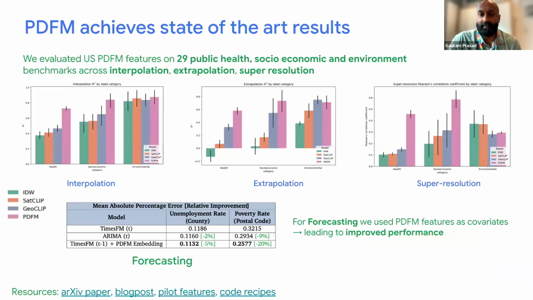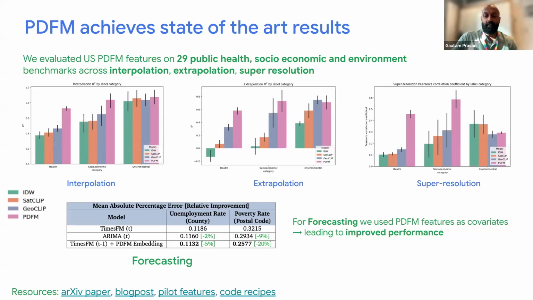Next slide. We've also benchmarked across those variables against more traditional interpolation techniques like inverse distance weighting, another foundation model based on satellite data called SatClip, and another one based on personal photography called GeoClip.